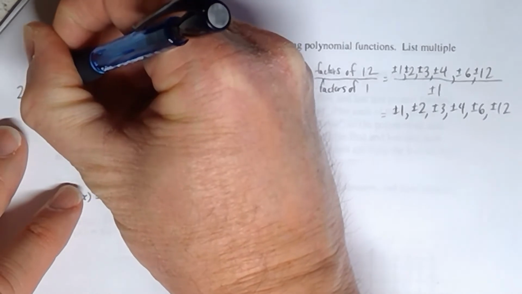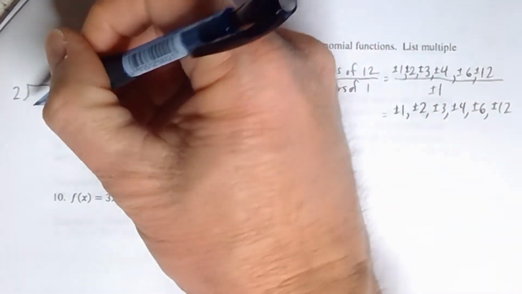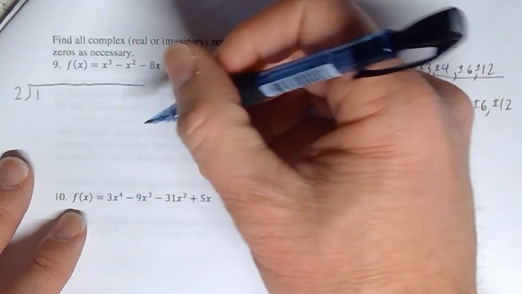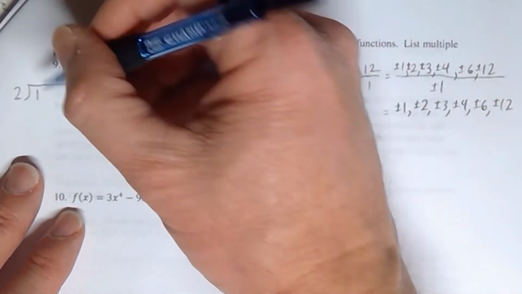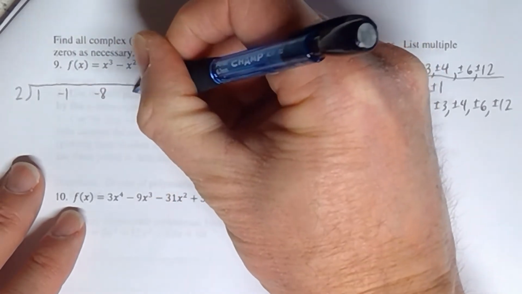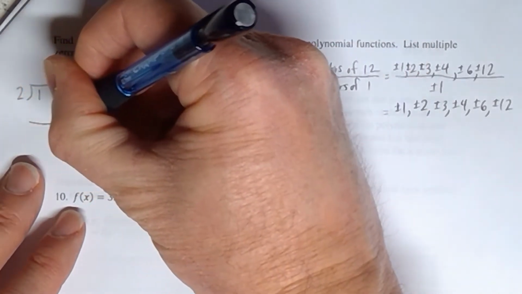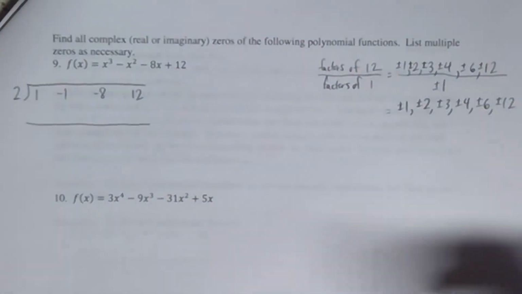And what do I mean by it doesn't work? It means that if your remainder, the last number on the bottom right of the synthetic division, is not 0, then it didn't work. It has to be 0. The 2 right here is going to give me a 0 in the bottom right-hand corner where the remainder goes. That's what you want.